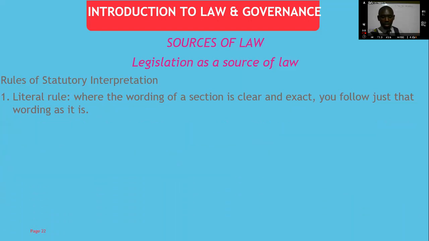To start with the literal rule, this is a rule that a judge or a magistrate will adopt where the wording of a section is so clear. You need just to follow the law as it is. So if the law says that you need to park a few millimeters from the curb, then that is where you park. The court will just look at the evidence, see how far you had parked, and make a decision.